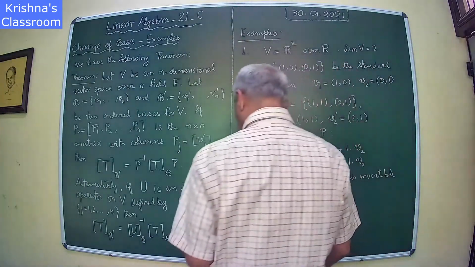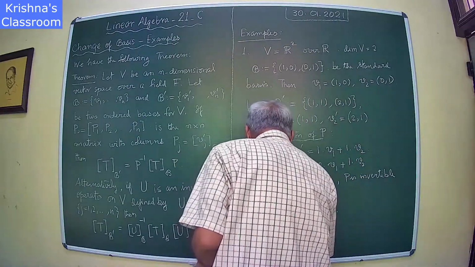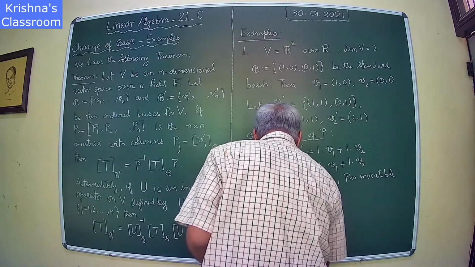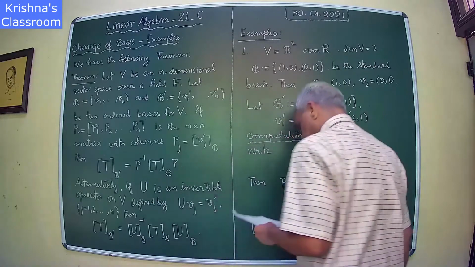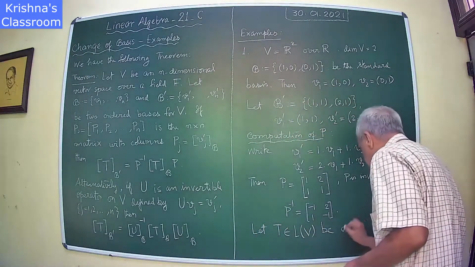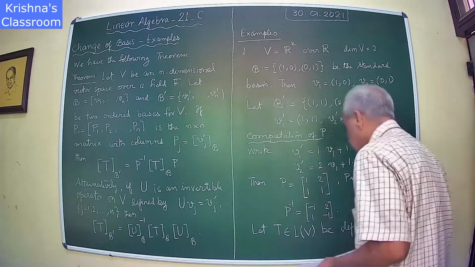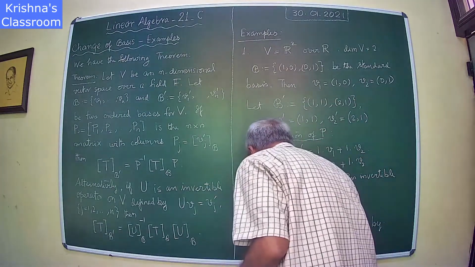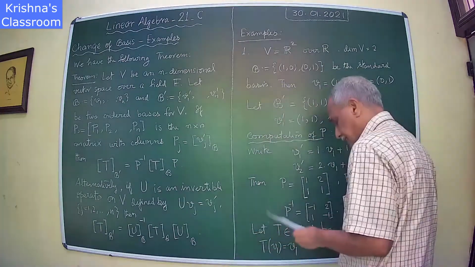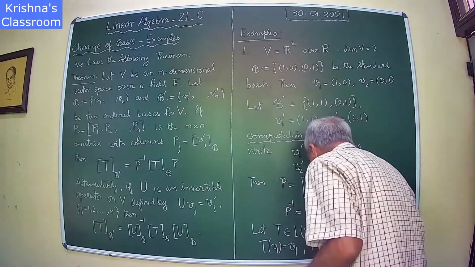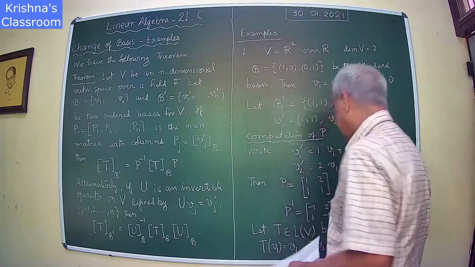Okay. Now the next stage is, so T is given. TV1 equal to V1 and TV2 equal to 0. That's the definition of this.